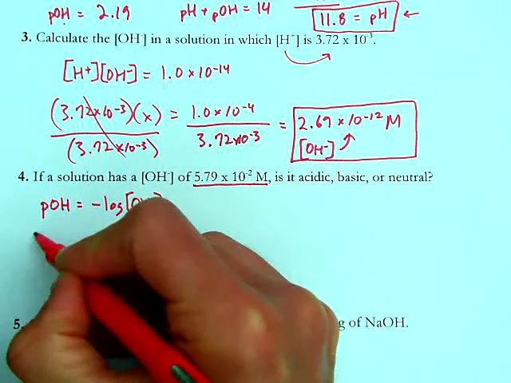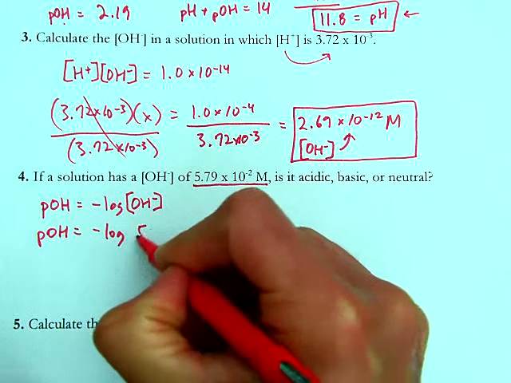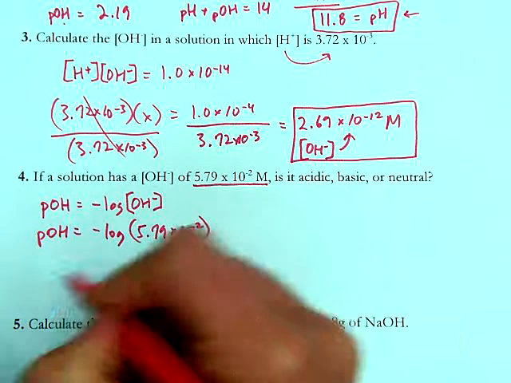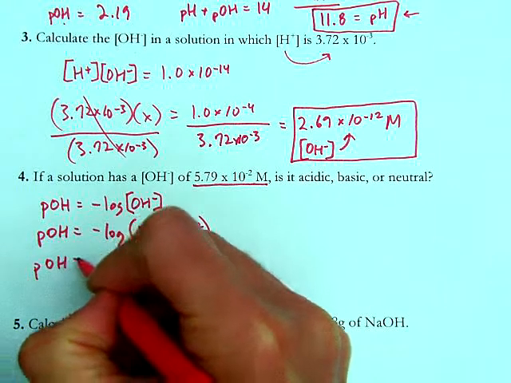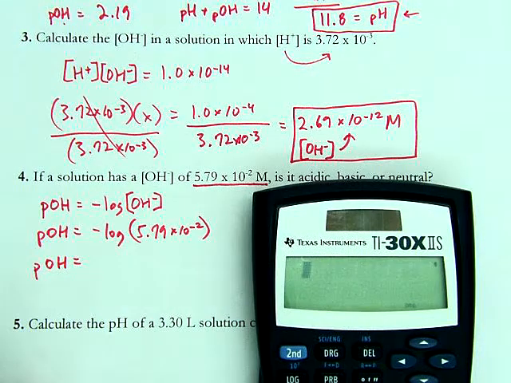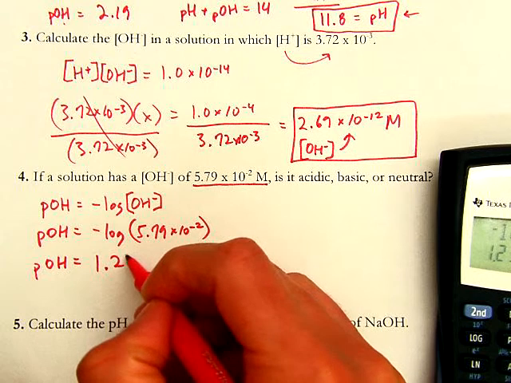So I'm going to take the negative log of 5.79 times 10 to the negative 2 and find my pOH. Okay, so if I do that, negative log 5.79 times 10 to the negative 2, I get 1.24.